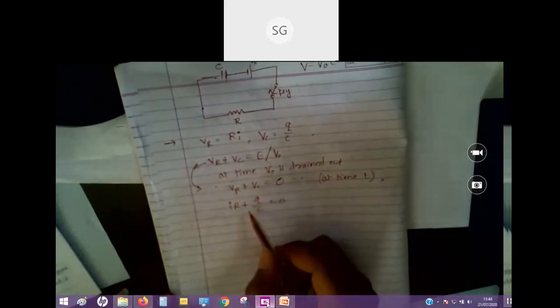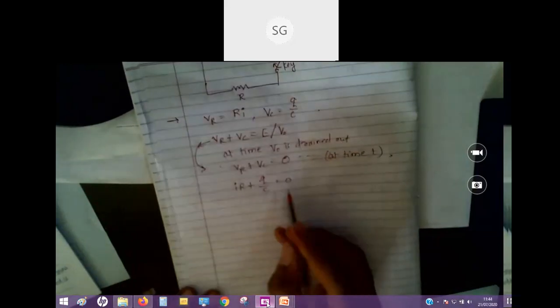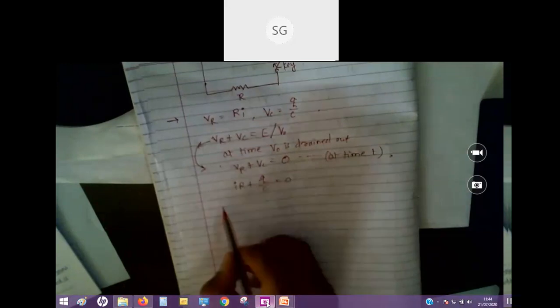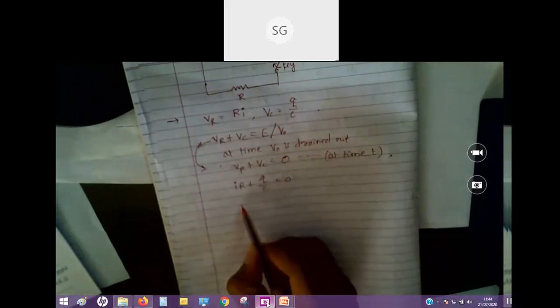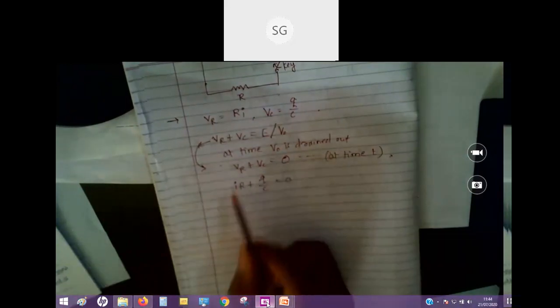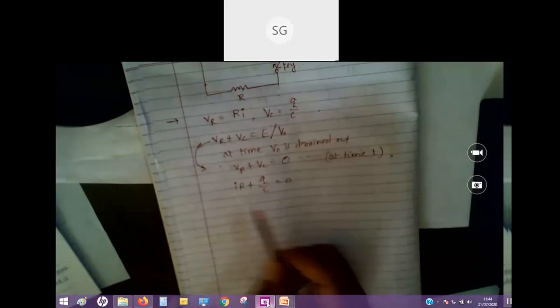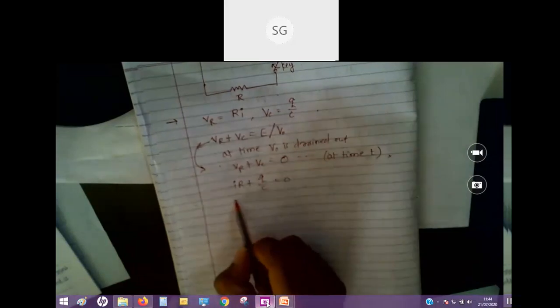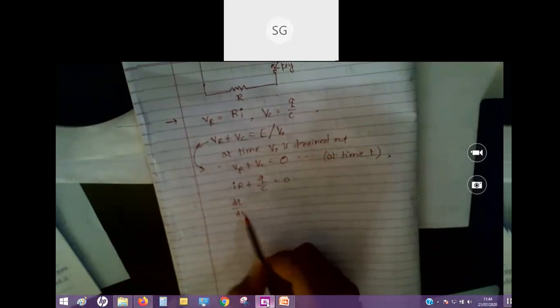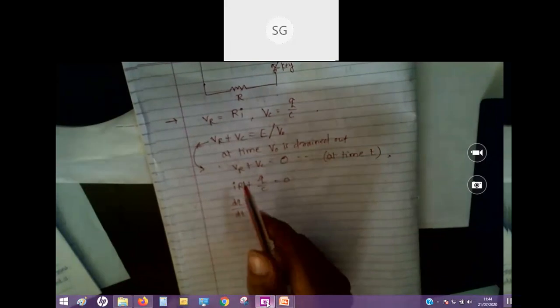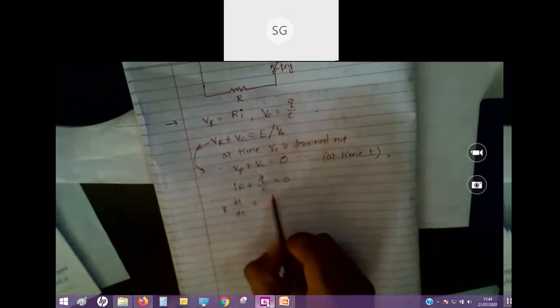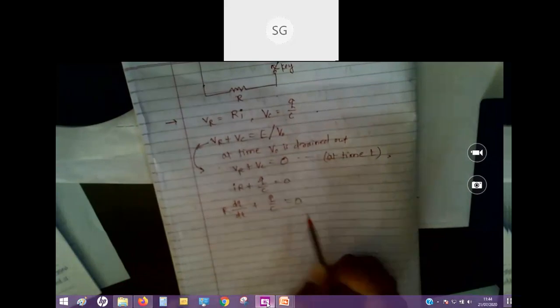Now we know that this is not in standard form of a first order linear differential equation, and there is no differential term, so we know that I is equal to dq by dt. So dq by dt into R plus Q by C equal to 0.